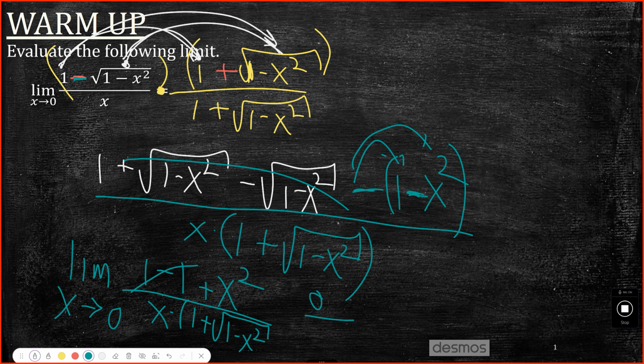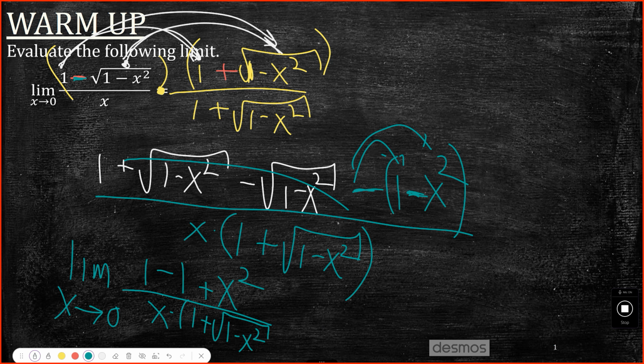Why is this not good? Because doing it the way I'm doing it right now, already plugging it in, is going to give me another 0 over 0, which is mathematically wrong. So I shouldn't do what I just did. I'm going to retract.